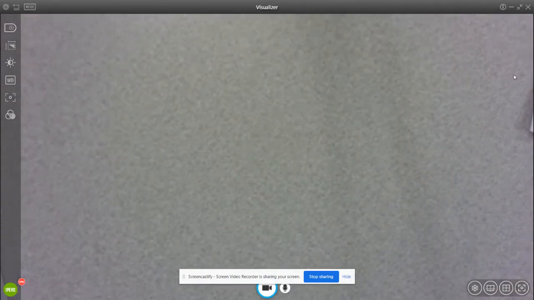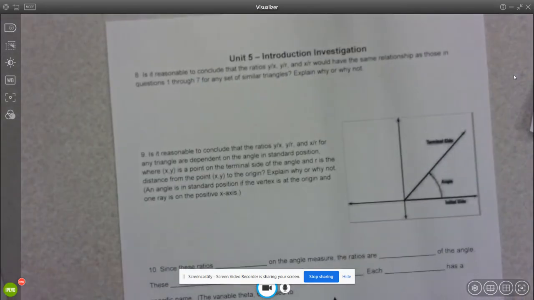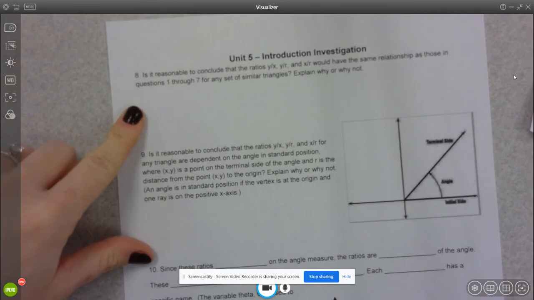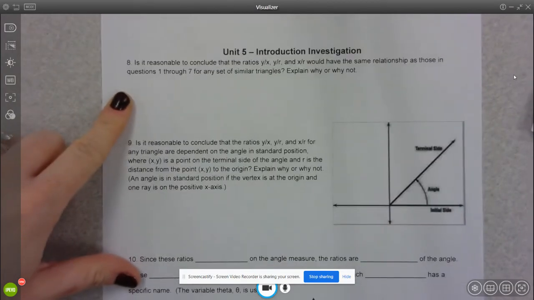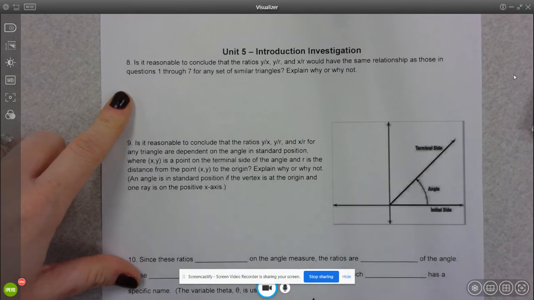So the next thing we're going to look at, we've answered this question as we've been talking. Let me focus this a little bit better. There we go. So, is it reasonable to conclude that the ratios of the leg to hypotenuse, and the other leg to the hypotenuse would have the same relationship for any set of similar triangles?